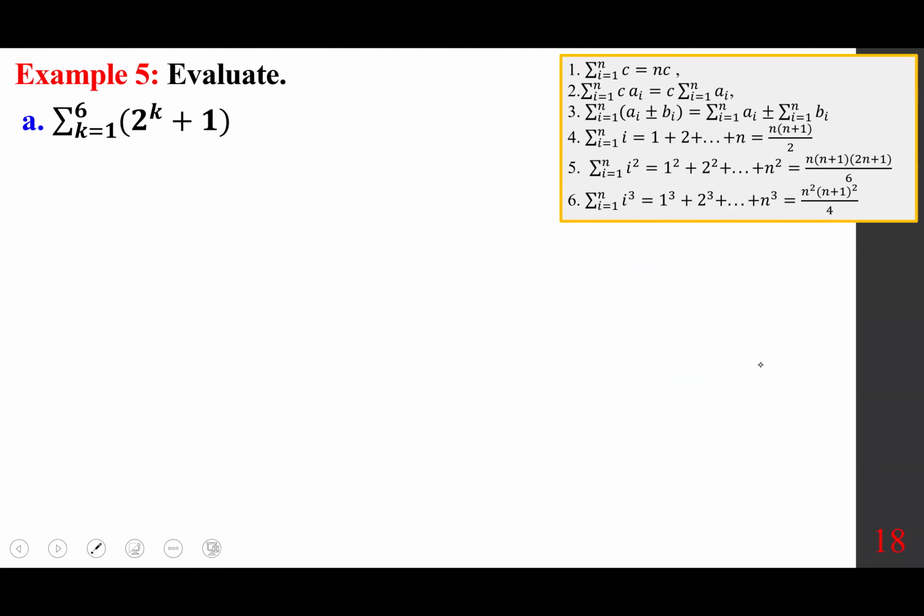All right, let's actually put this to use. And this is the synopsis of what we discussed. We want to find the summation of 2 to the power of k plus 1 as k goes from 1 to 6. Well, we start with 2 to the power of 1 plus 1, then 2 squared plus 1, 2 cubed plus 1, and we end up with 2 to the power of 6 plus 1.